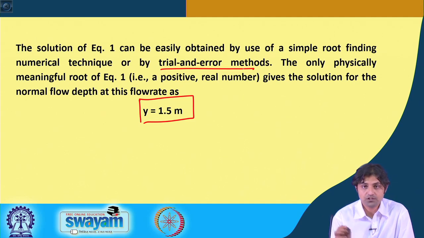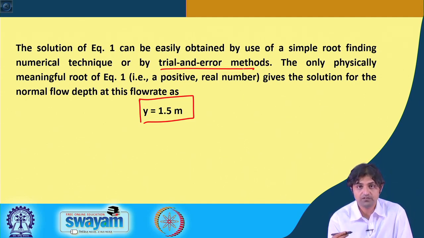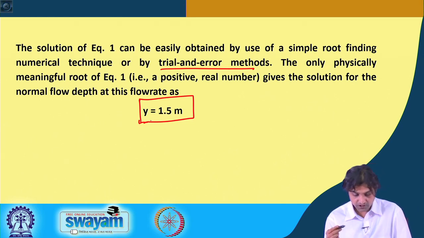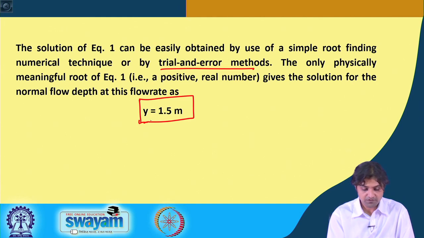This type of question where trial and error is needed will not be given in your test for this particular course, but as I said, it is important that you should be aware of these types of questions. If the calculation is simple, definitely it can be given, but here the calculations in the end become so complex that you are unable to solve it using the calculator. Okay. So, this is the final value of the normal depth.